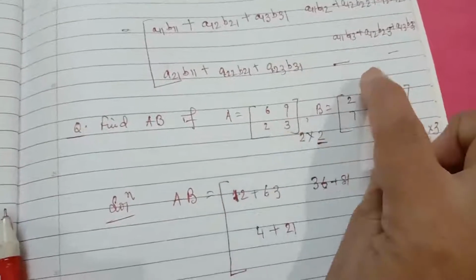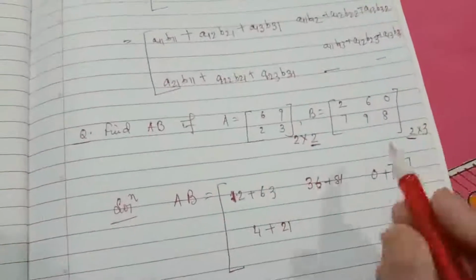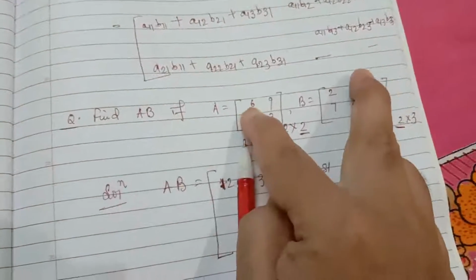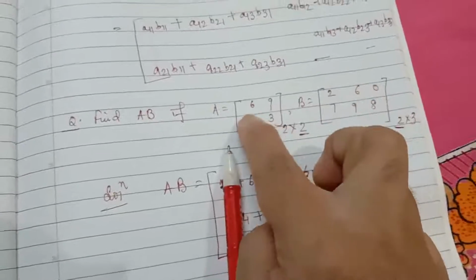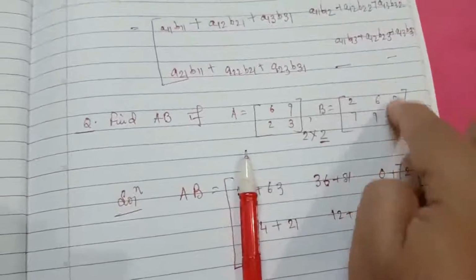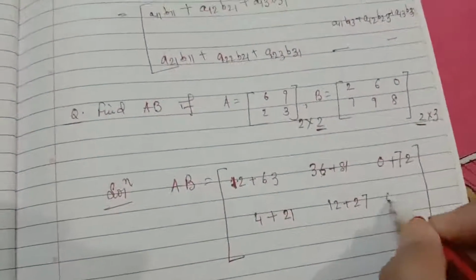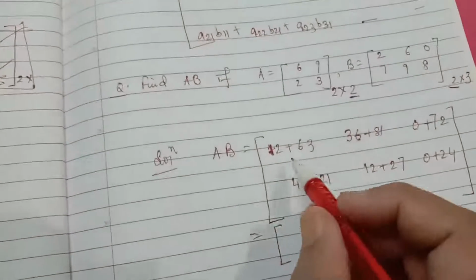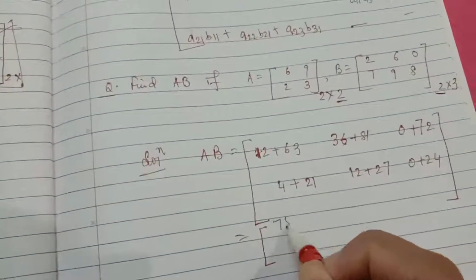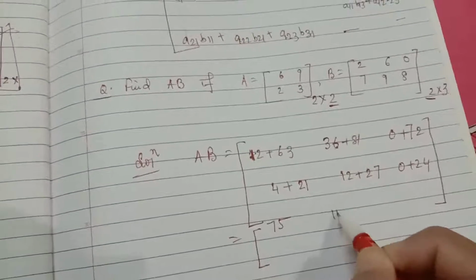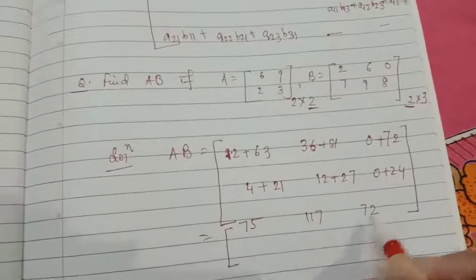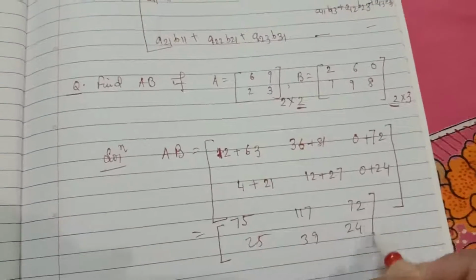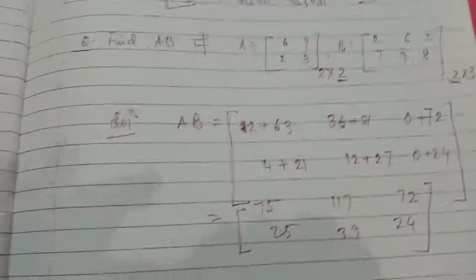Next, with the second row we have to multiply the second column, this will be 12 plus 27. So see, first element, second element. With the second row now we have to multiply the third column, 0 plus 24. Okay, this will be 75, 117, 72, 25, 39, 24. This is A into B.